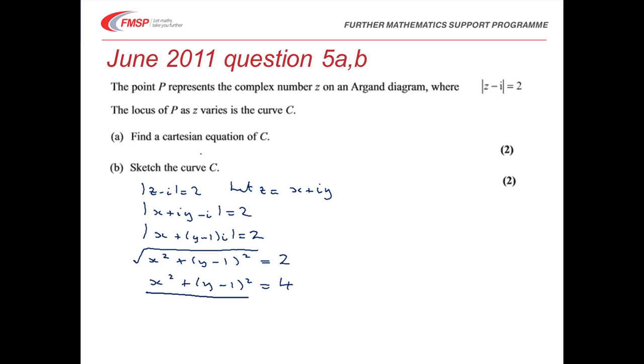And that is the Cartesian equation of C. The mark scheme for this part of the question allocates a method mark for attempting to find the modulus of Z and an accuracy mark for the answer.